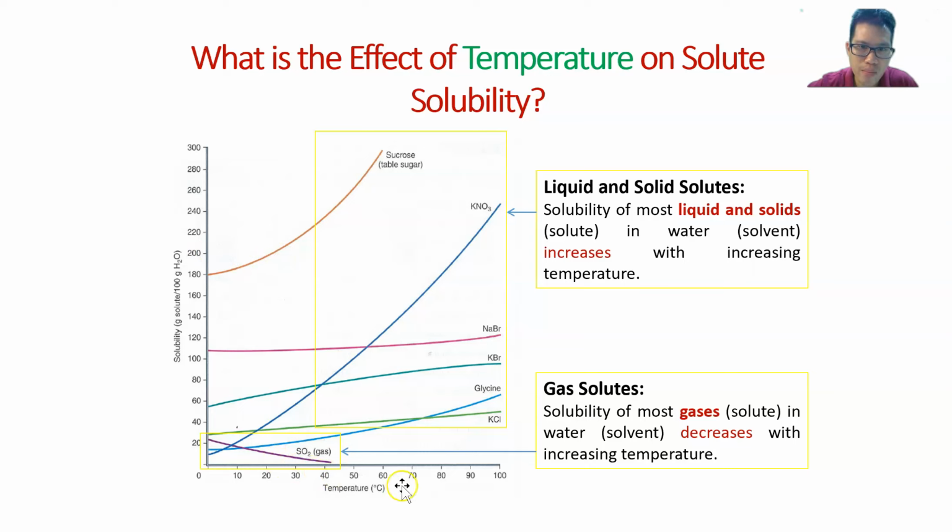As you increase the temperature, what happens? You actually can dissolve more. But you have to be extra careful. You might say that since it's that way, I just heat up and I can get more sugar into the solution. But remember, how long can you maintain the temperature at that high temperature?